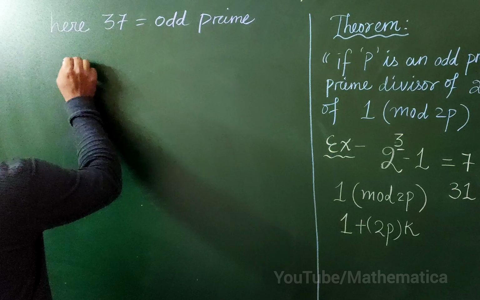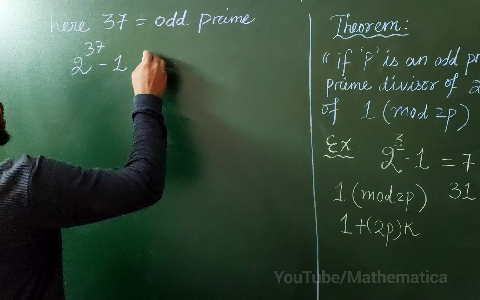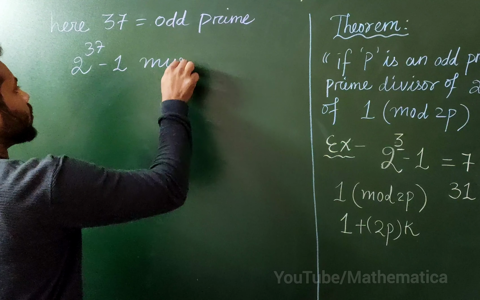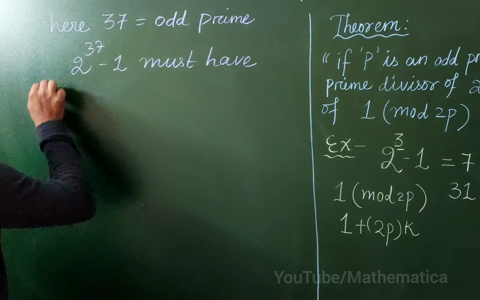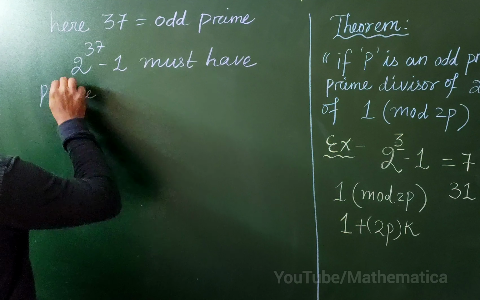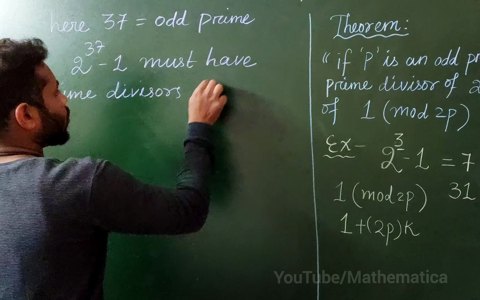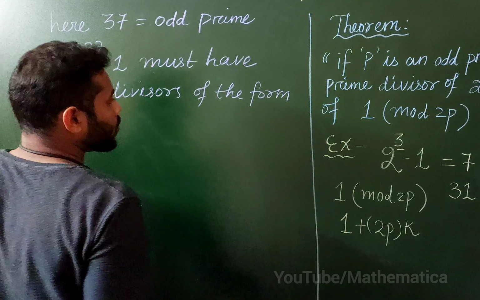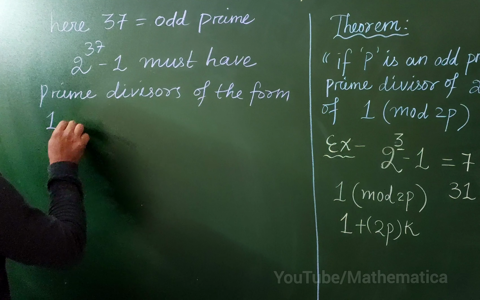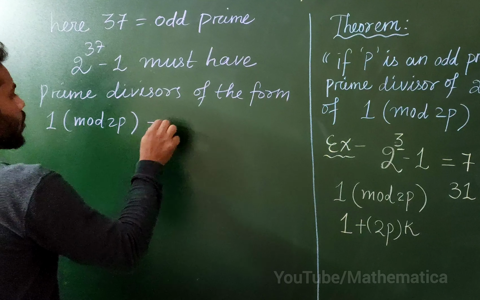So it means 2 to the power 37 minus 1 must have prime divisors of the form 1 mod 2p.